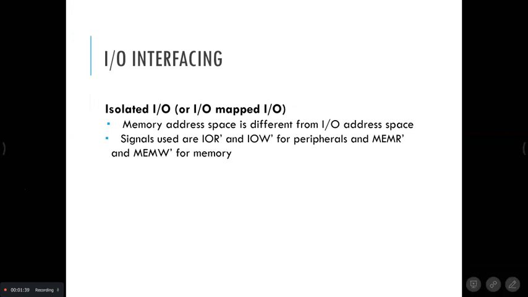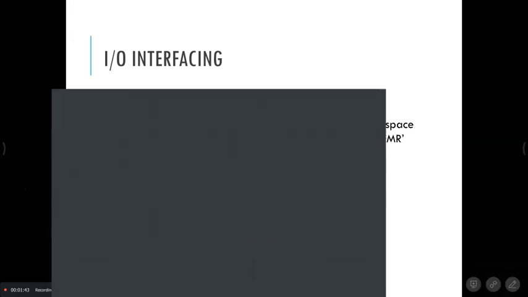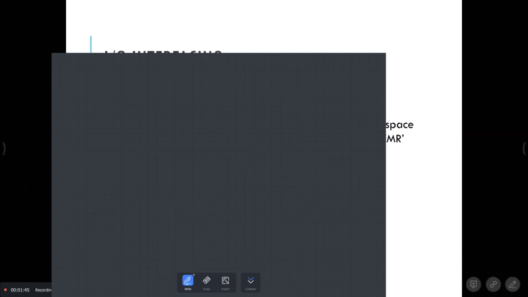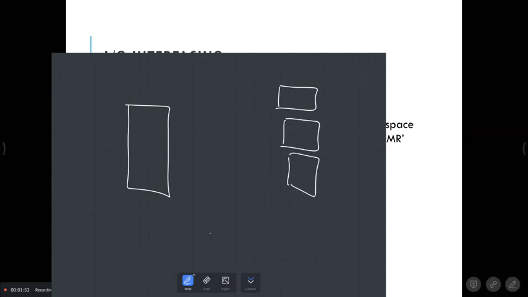I explained this during the last class. This is your microprocessor, and these are all I/O devices. There is an I/O read and I/O write.